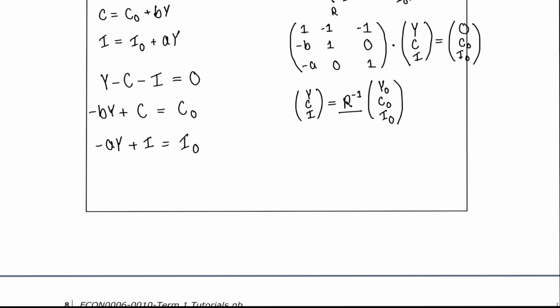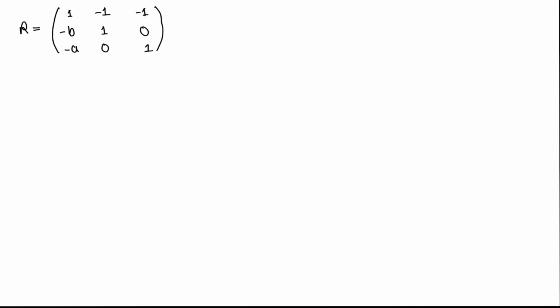So what we first have to do is find the inverse of R. So our matrix R was 1, minus 1, minus 1. If we now work out the determinant of R, it was 1 minus B minus A.